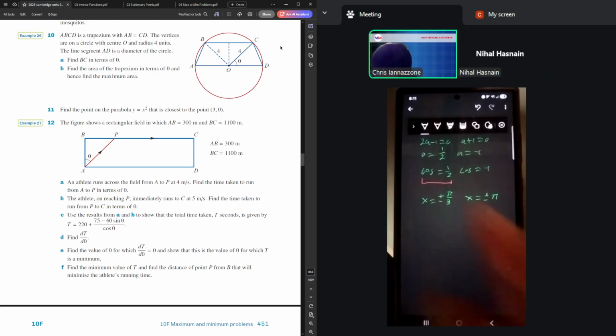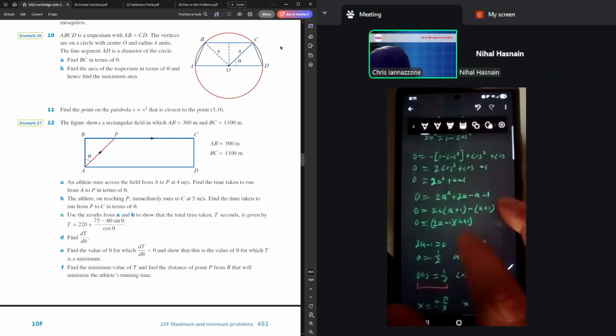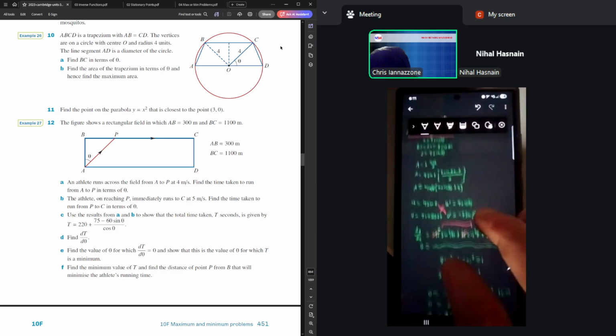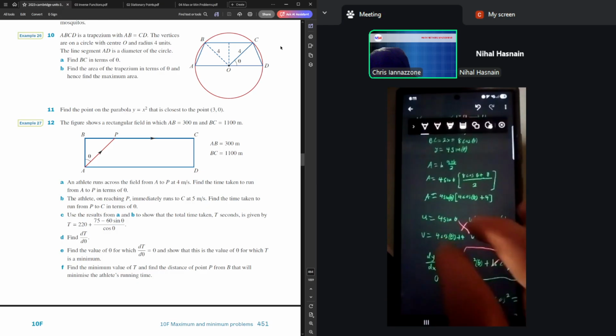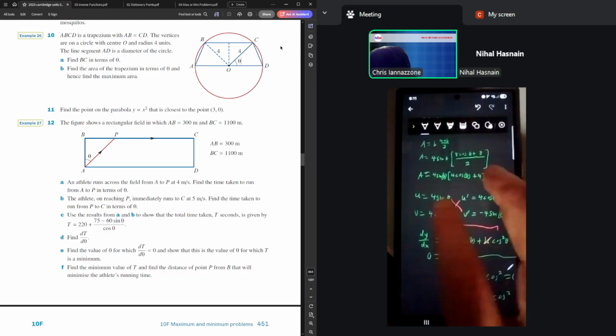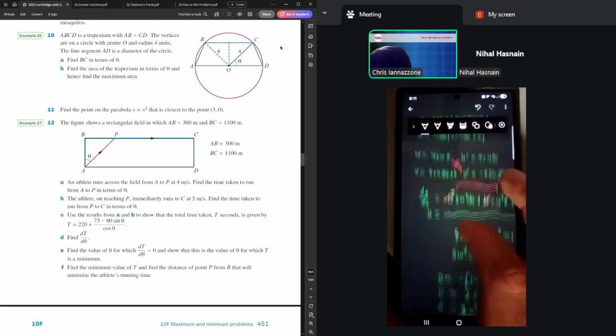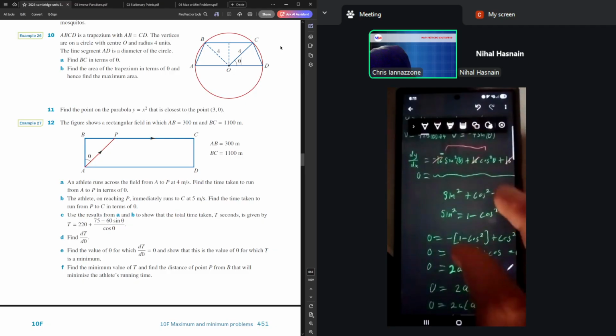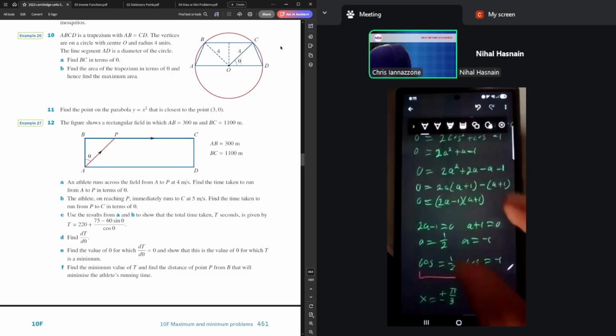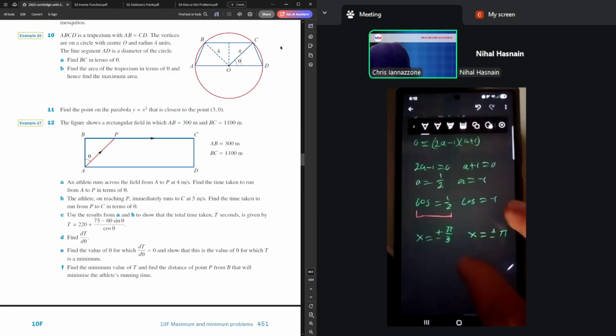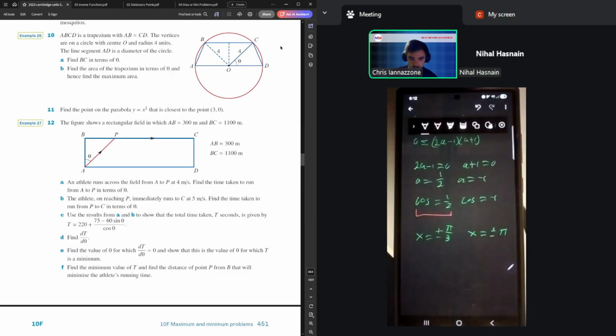Well, let's see how we got there. Our whole procedure was we had our function, we did our derivative using product rule, and then we solved derivative equals 0. So what does derivative equals 0 give you?